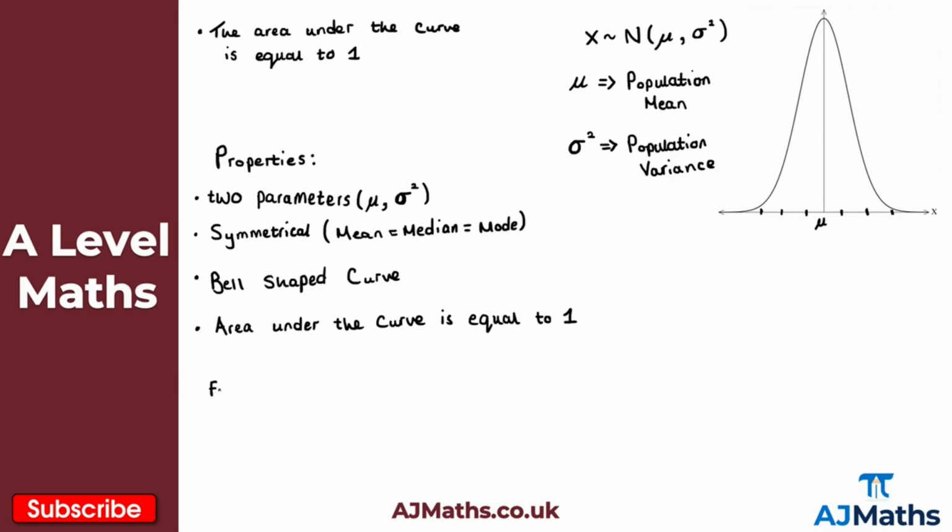So for a random variable, I'll just abbreviate this to r.v., that is normally distributed, then what we know about the normal distribution is that approximately 68% of the data lies within 1 standard deviation.